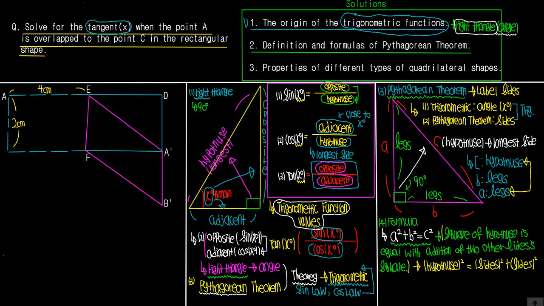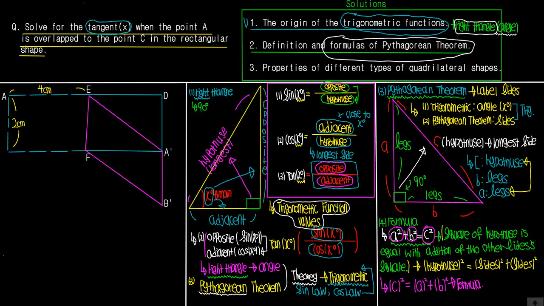If we convert this into the actual format, it will be c squared, from our formula, equal to a squared, which is one of our legs, plus b squared, right over here. This is the actual formula of our Pythagorean theorem. So we talked about the second part, which is the definition and formula of our Pythagorean theorem.